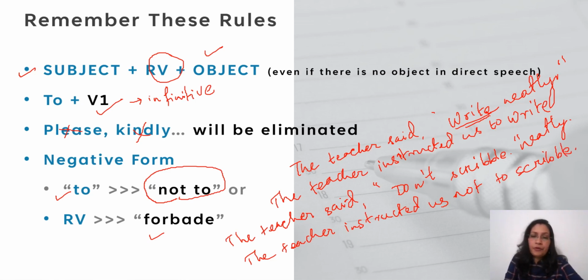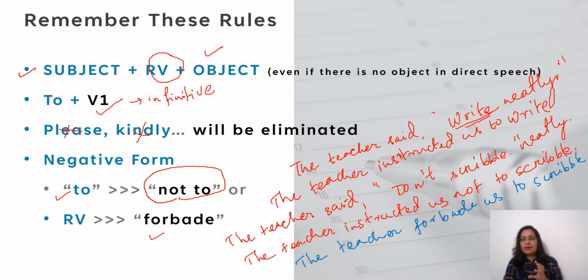And if I'm going to write it as a forbidden sentence, I can also write it in this way. The teacher forbade us to scribble. Always remember, forbidden sentences are always positive sentences.